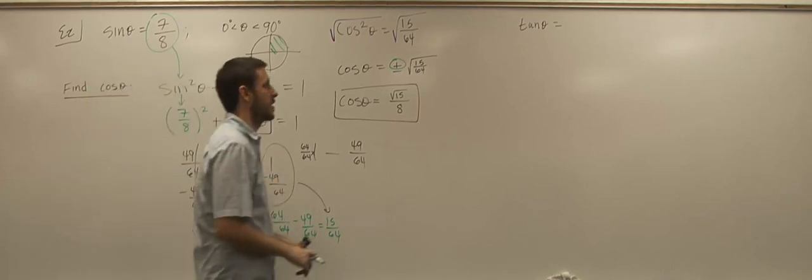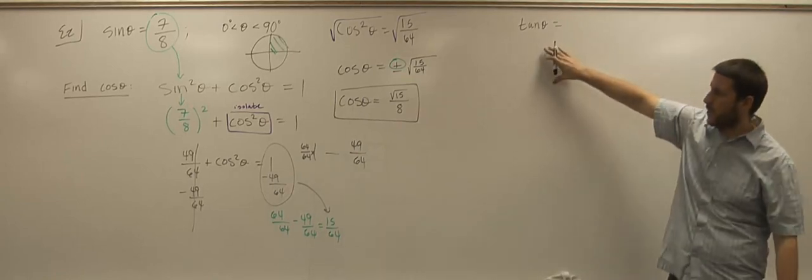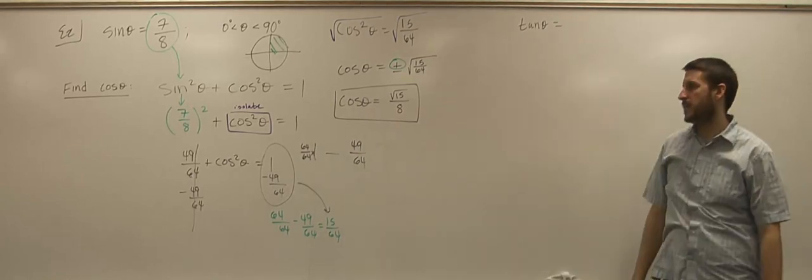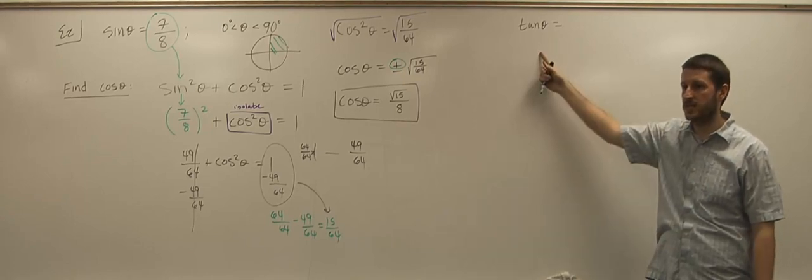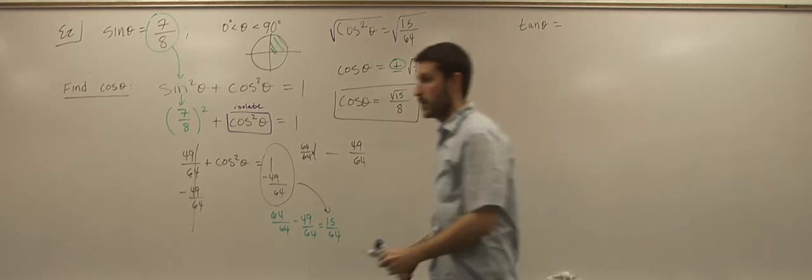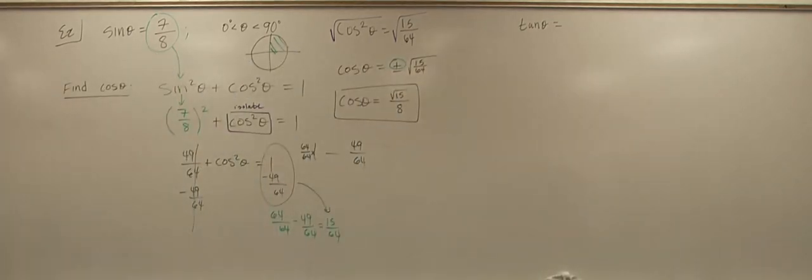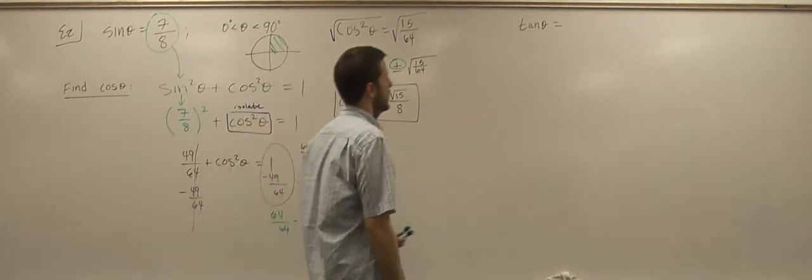But we can look at that. How do we finish this up? How do we get the rest? How do we get tan theta and then the reciprocals? Tangent theta is sine over cosine. Quotient identity. So now I have another piece of the puzzle. I have cosine. I have sine.